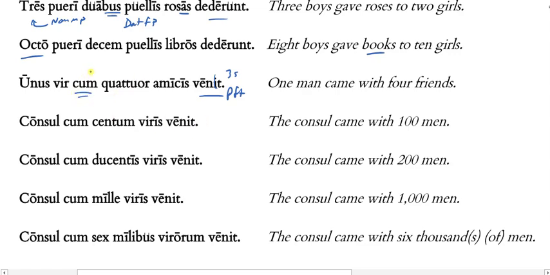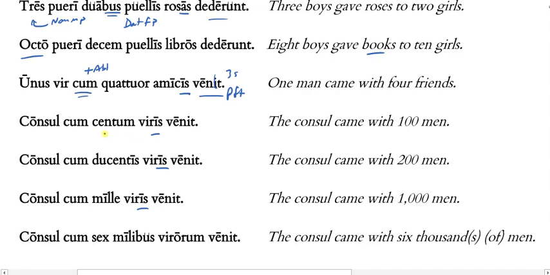Now, cum is a preposition that takes its object in the ablative case. So all of these are going to be nouns in the ablative case. That's why they're ablative. So amicis is ablative, viris is ablative. Okay. Now we'll talk about the ablative form here in the last one in just a minute.